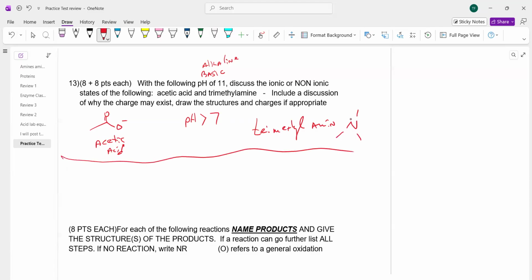And then if we talked about an acidic environment, in an acidic environment, the nitrogen is going to be protonated.